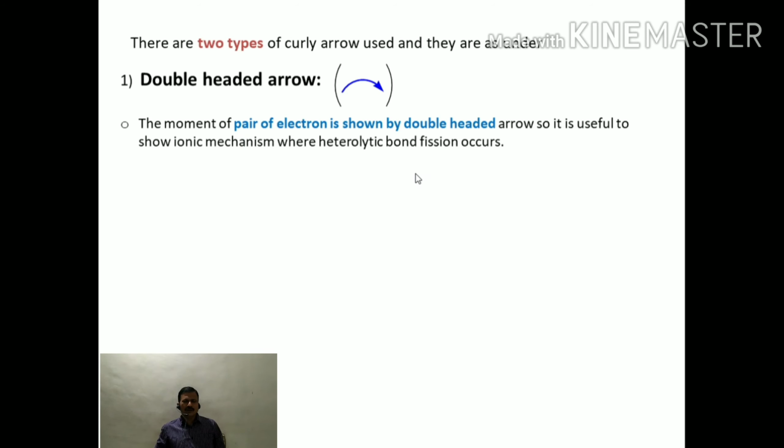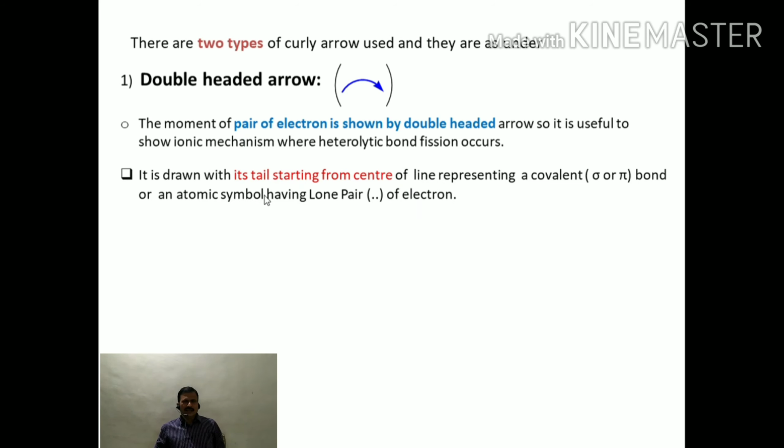It is drawn with its tail starting from the center of a line representing a covalent bond or an atom having a lone pair of electrons, that is an electron rich species, which may donate the electron density, and from where donation is taking place is represented by this double headed arrow.